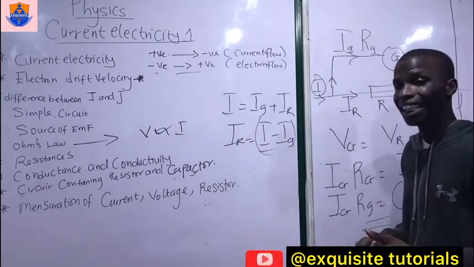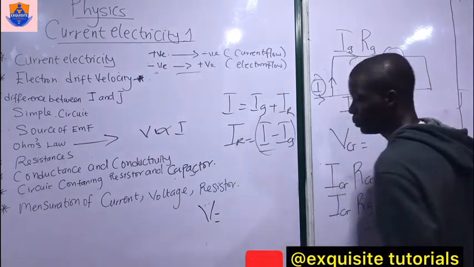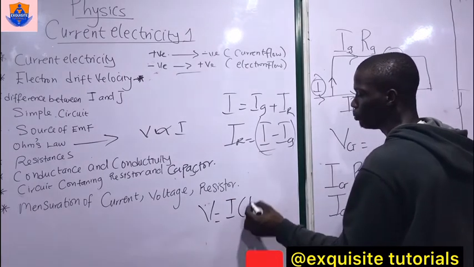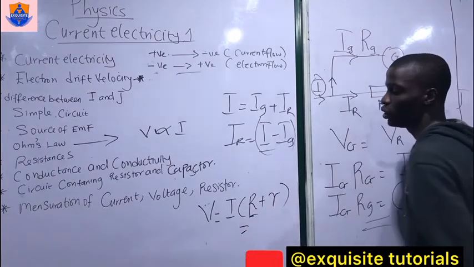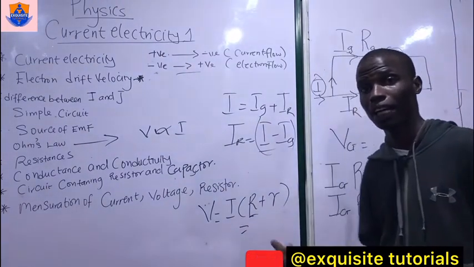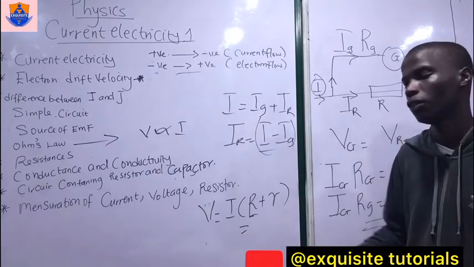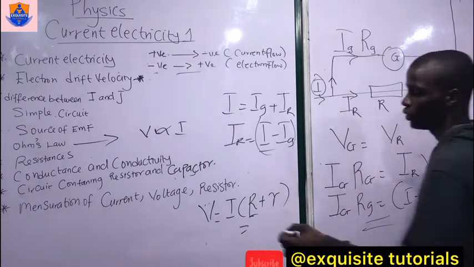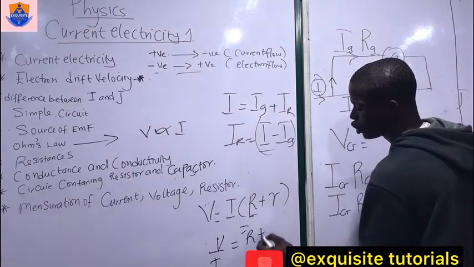So in that case, the voltage passing through it will be equal to I times (R plus r), where the big R is the resistance of the multiplier. Take note, in this case you are introducing the multiplier. The multiplier is the resistor device we are talking about here. Now if you want to calculate the resistor, V over I is equal to R plus r.